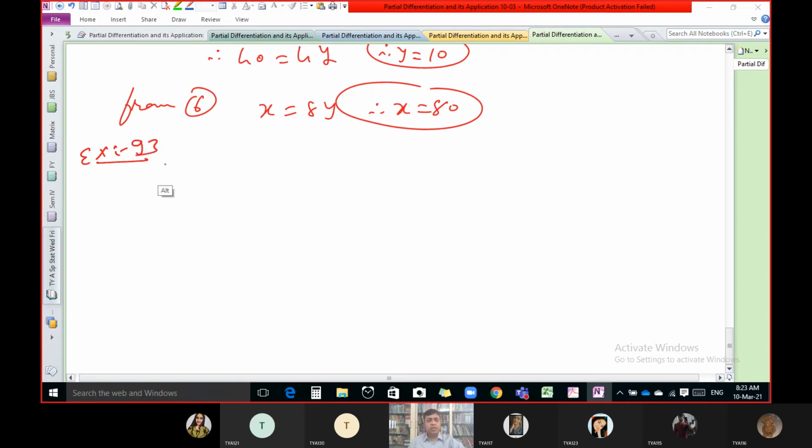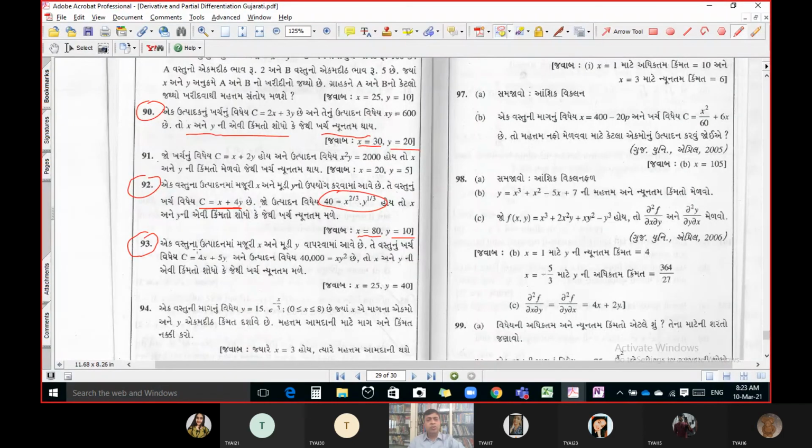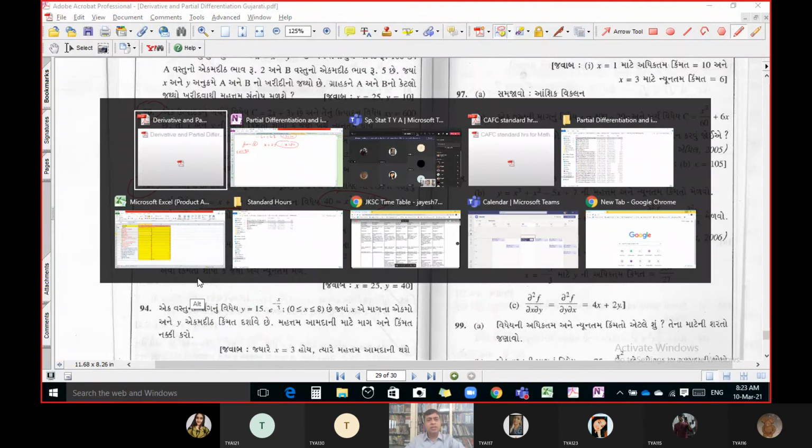See the question. Here the cost function is 4x plus 5y, and the production function is given as 40,000 equal to x into y square.